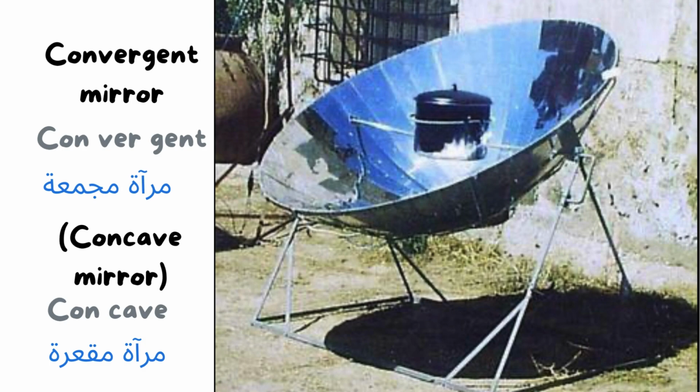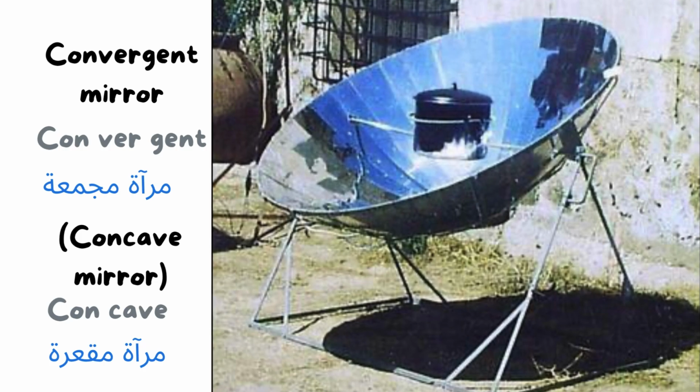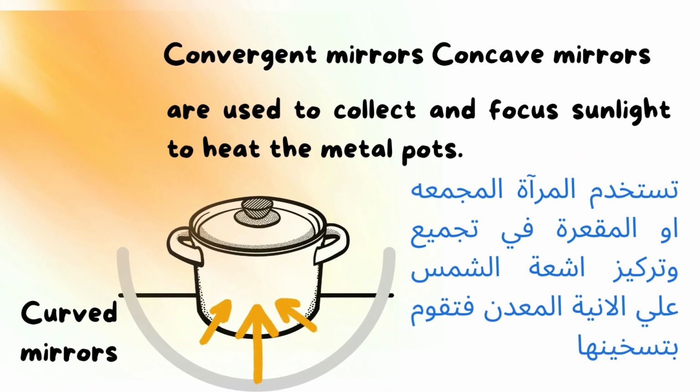How? These convergent or concave mirrors, which are curved, are used to collect and focus the sunlight to heat the metal pots, and from this we can cook food by using solar energy, okay.